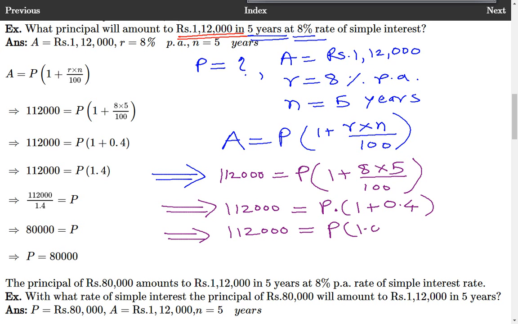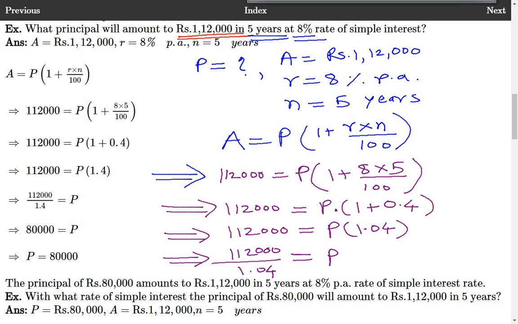So it is P multiplied by 1.4, and after division you can find that 1,12,000 divided by 1.4 will give the answer of P.